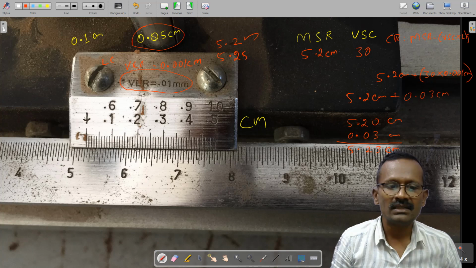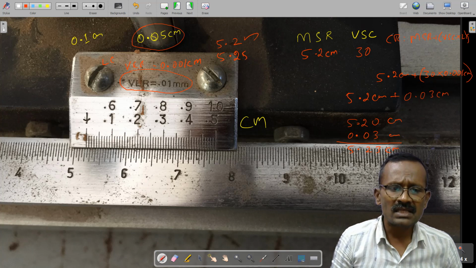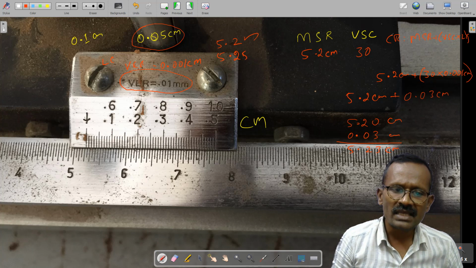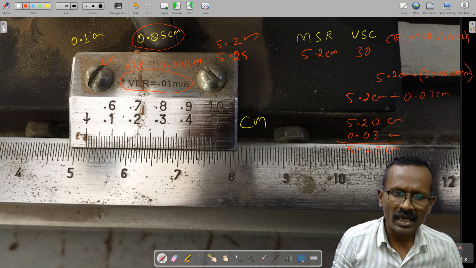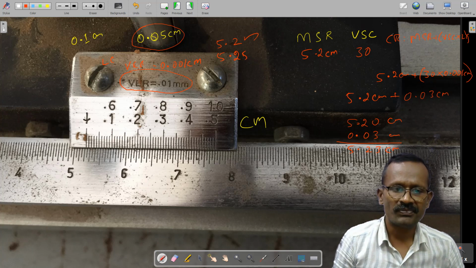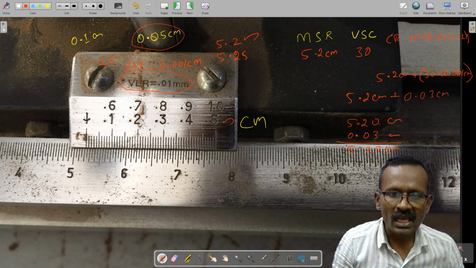This did not pass, but it lies in between 5.2 and 5.25. The arrow didn't cross 5.25. If it does not cross the 0.05 division, that time you have to take the lower one.